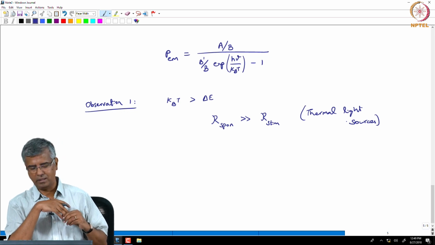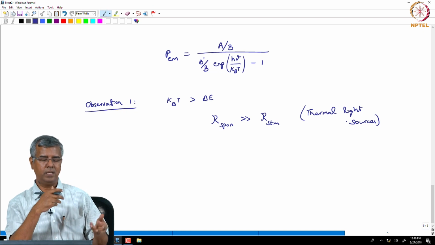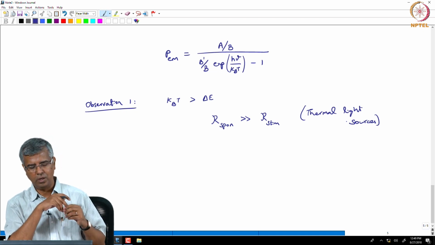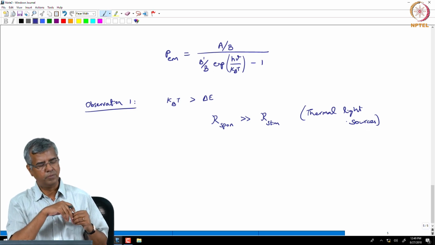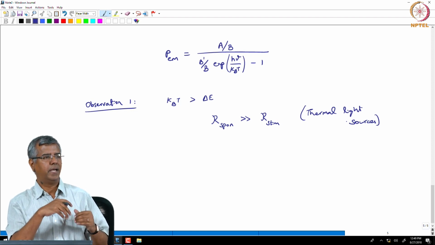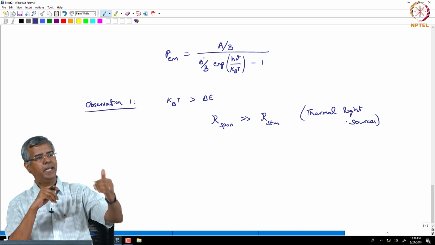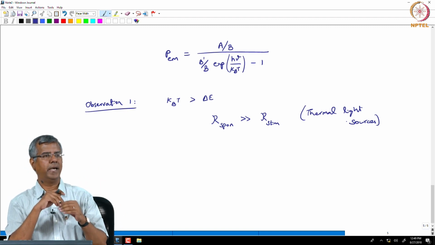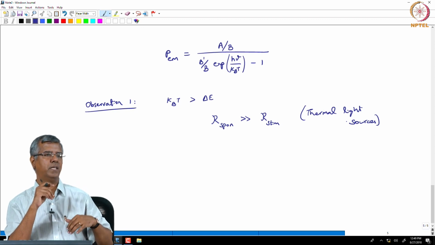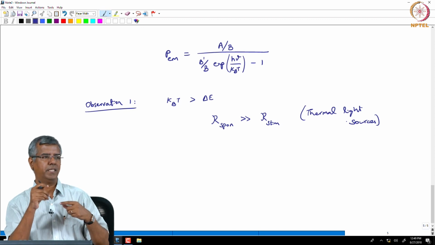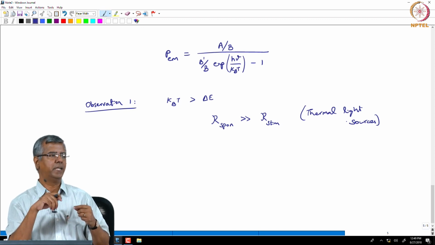But then you still need a fairly large value of rho em. So you need to somehow get atoms to go to a higher energy level and maintain them there with respect to the lower energy level. Only when you have that inversion of population will you get stimulated emission.